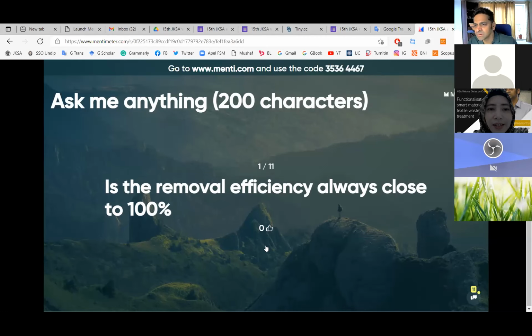In the share screen, all the questions are over there, so you can read in the share screen. You mean the chat box, right? No, not in the chat box, in the screen. Oh, I can't see anything on the screen. Okay, sorry. So next question: is the removal efficiency always close to 100%?